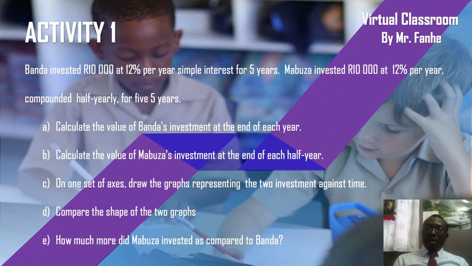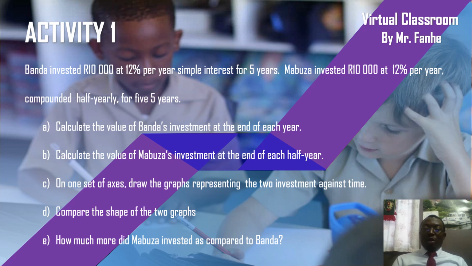In this activity, we have two investors. The first one is Banda, who has invested 10,000 at 12% per year for 5 years at simple interest, and the second one is Mabuza. She has invested the same amount at 12% per year compounded half yearly for 5 years.